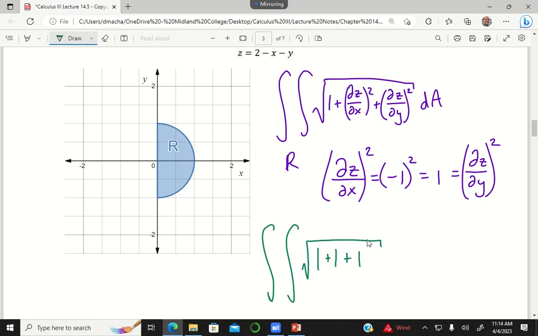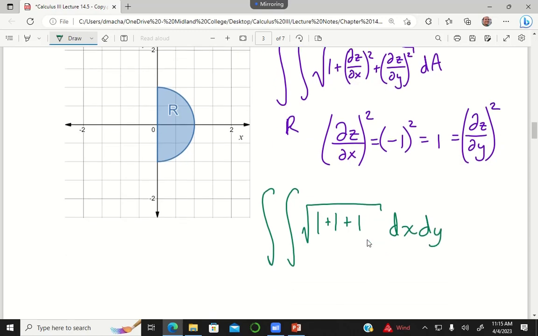You could either do dx dy, or you could do dy dx. I think either way is just about the same. So I'll just arbitrarily write it out both ways, just for the practice.